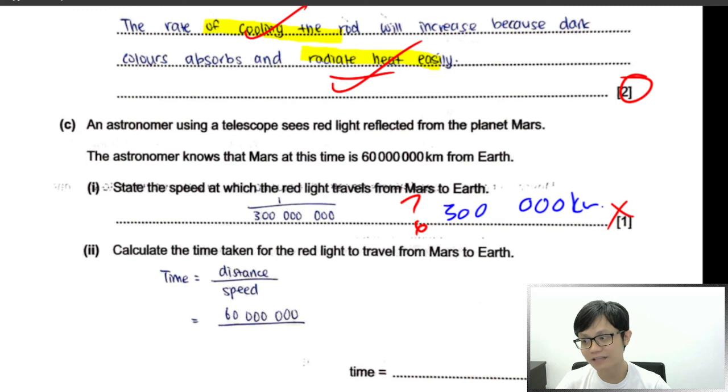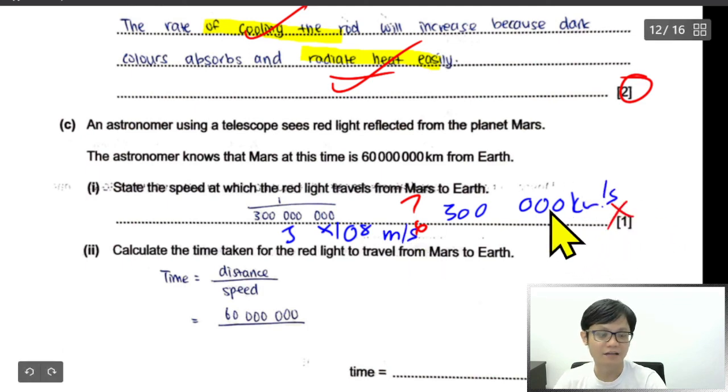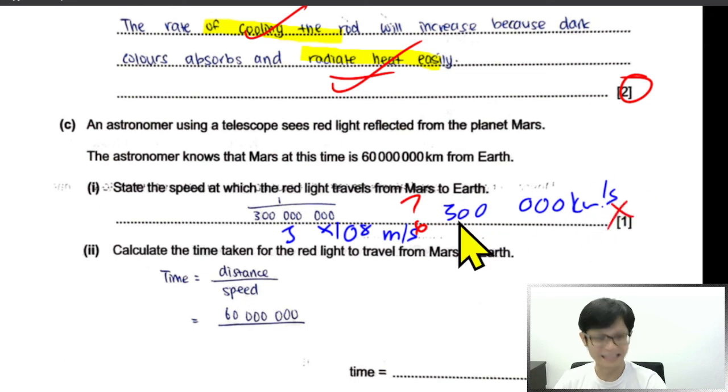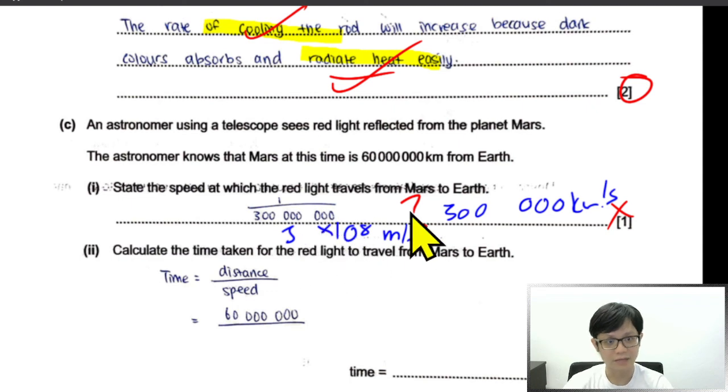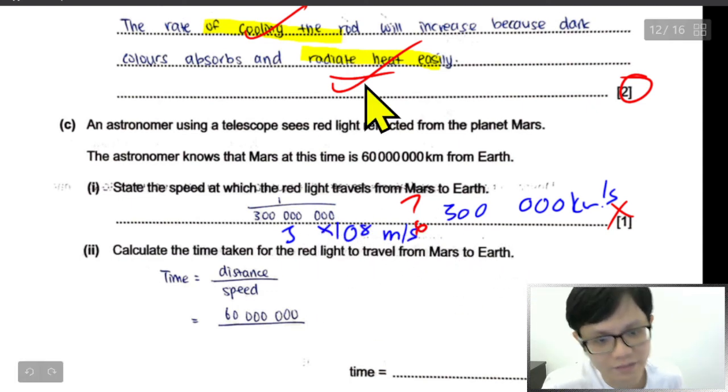But the marking scheme says 3 times 10 to the power of 8 meters per second. So it's the same thing lah. You convert the km to meters, and then there are so many zeros. I like to remember it as 300,000, but IGCSE always writes 3 times 10 to the power of 8.